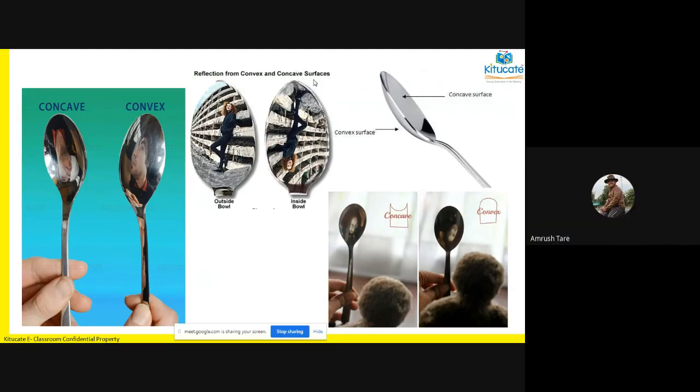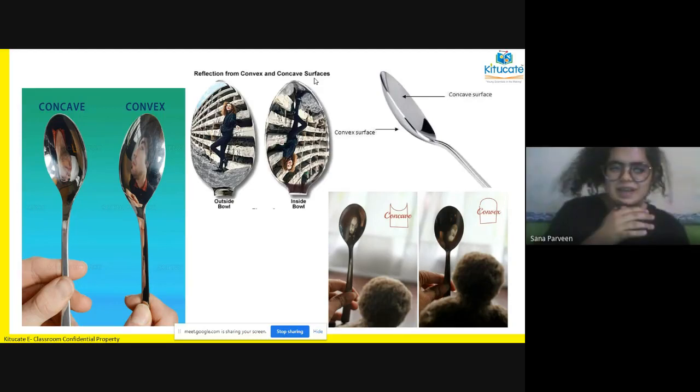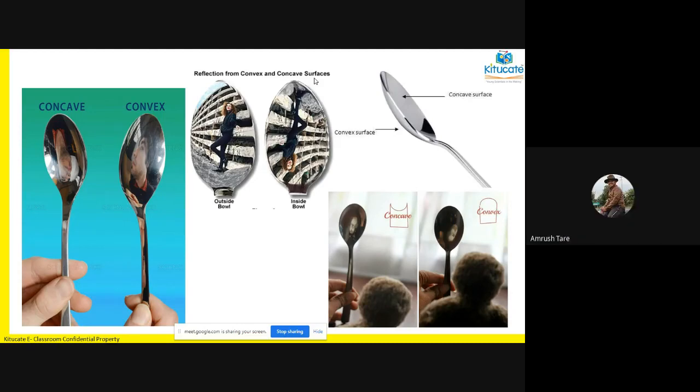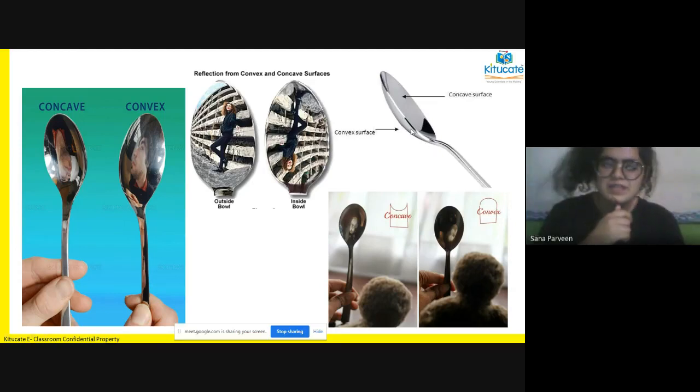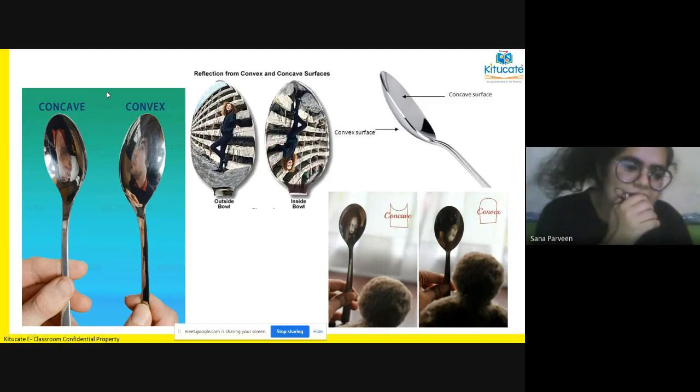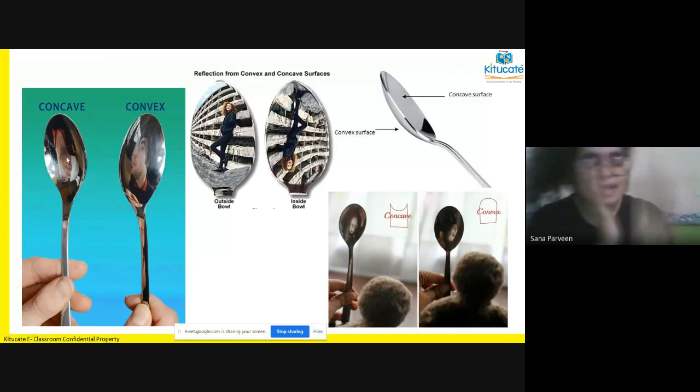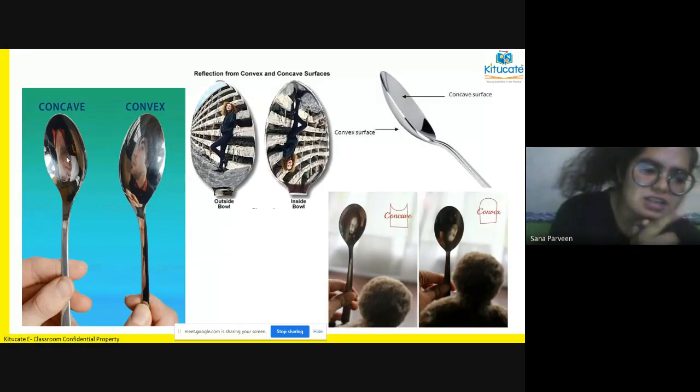When you see yourself in the spoon, in the concave surface, you will see as if you are sitting upside down.